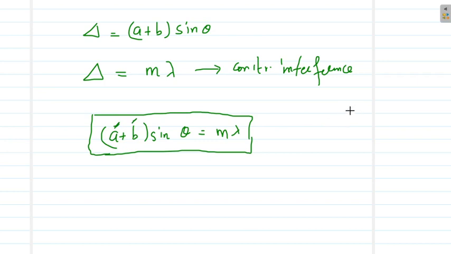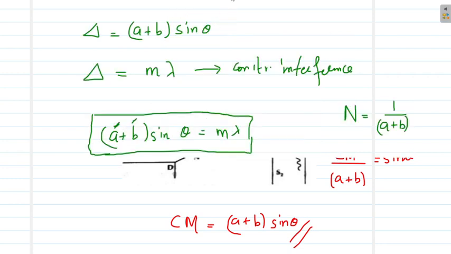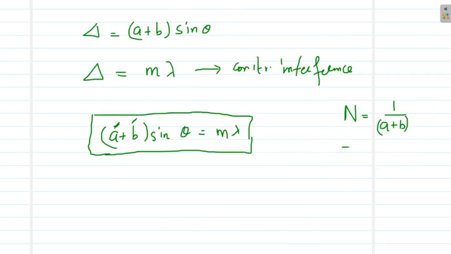Now we have a relation: n equals 1 by (A plus B), where n is the number of lines per unit length. So A plus B is the distance in which you can find one opaque line, so 1 by (A plus B) gives you the number of lines per unit length.